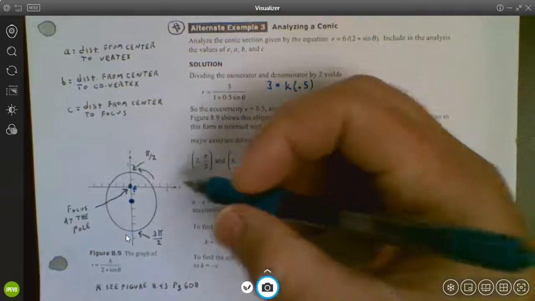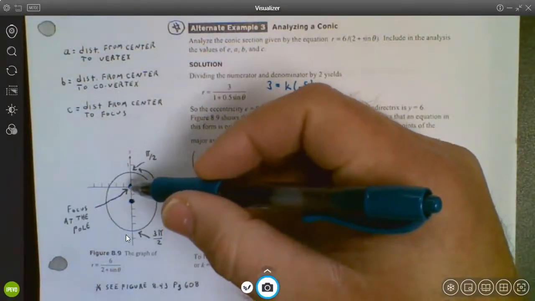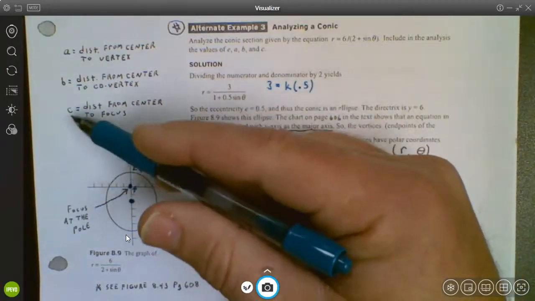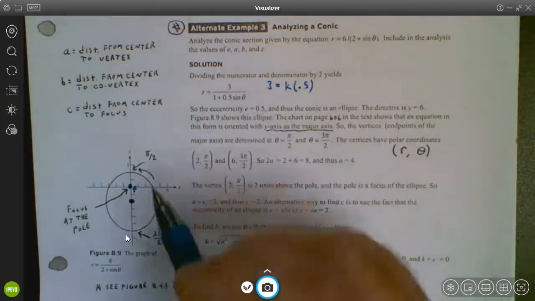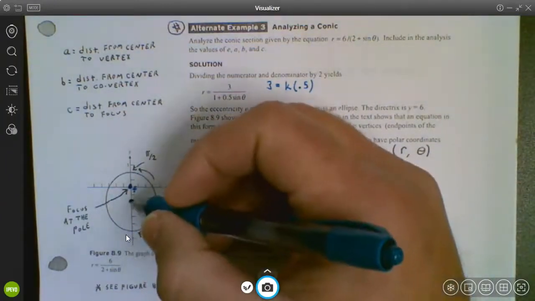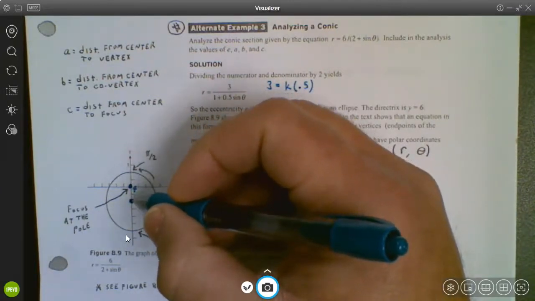So now based on that, I can see that my distance from the center to a focus is 2 units. So there's my C value, should be 2. My distance from the center to a vertex is 4 units. And so that should be my A value.